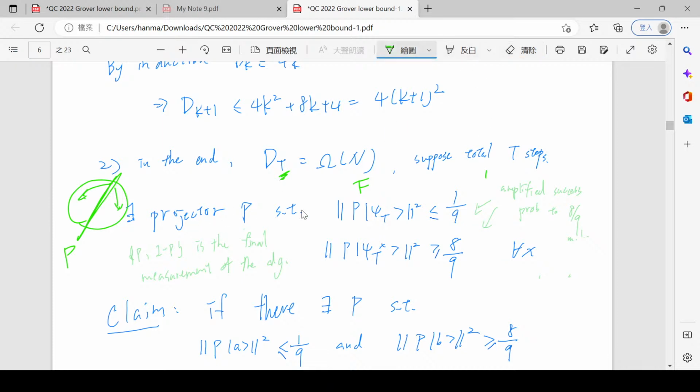That should not change the complexity, since going from 1/3 to 1/9 only changes it by a constant factor, so this should be okay. We can always amplify with just majority counting. So our no instance should be accepted with very low probability, and our yes instance should be accepted with pretty high probability, let's say 8/9. And this should be true for all x.